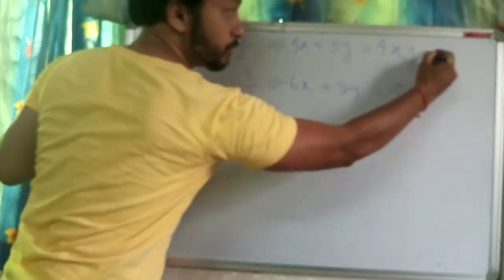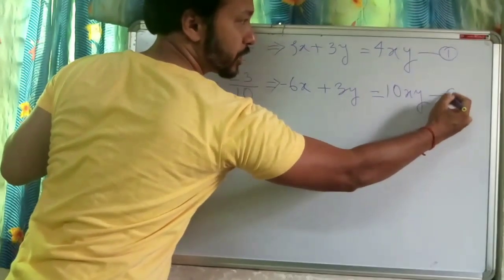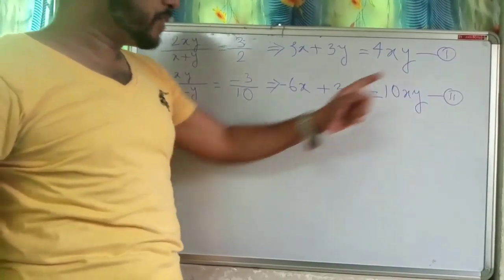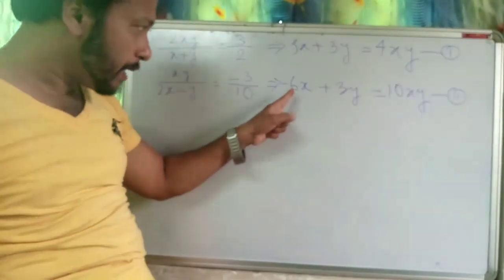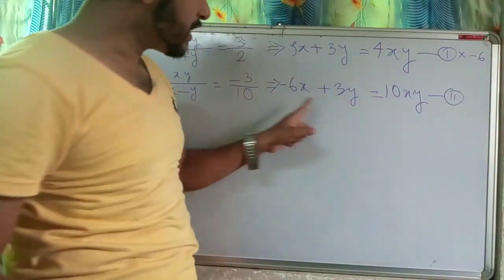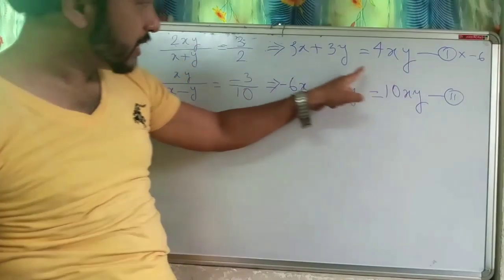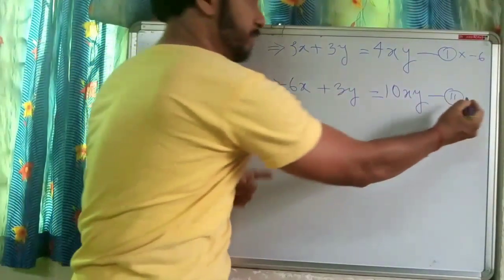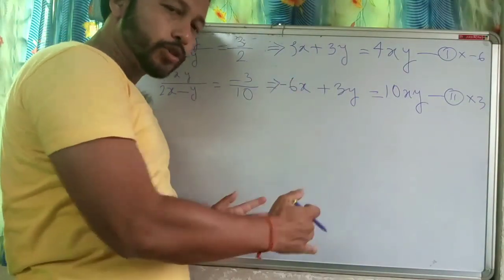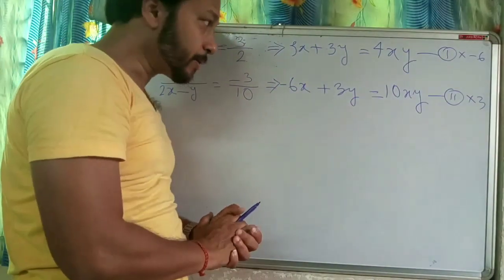So this is my equation number 1 and this is my equation number 2. Here, the first equation will be multiplied by minus 6 and the second equation will be multiplied by 3. After multiplication, we know the process will go accordingly.